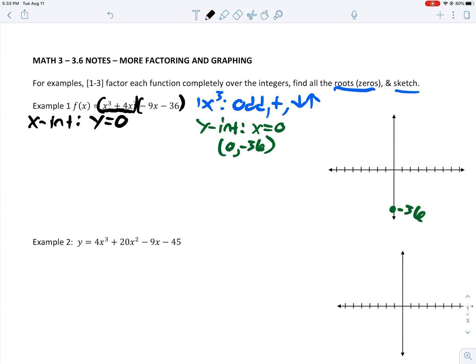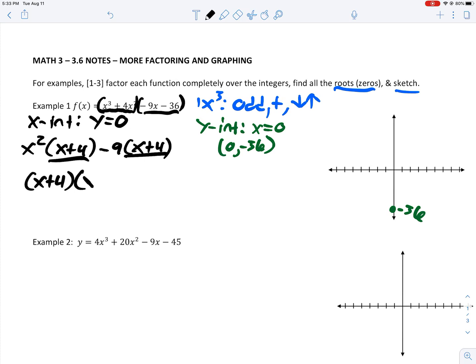Looking at the first 2, there's a GCF of x squared. So that would give me an x plus 4. Looking at the second 2, if I take out a minus 9, that would give me an x plus 4. Common factor of x plus 4. Factor that out. I have an x squared minus 9 left.